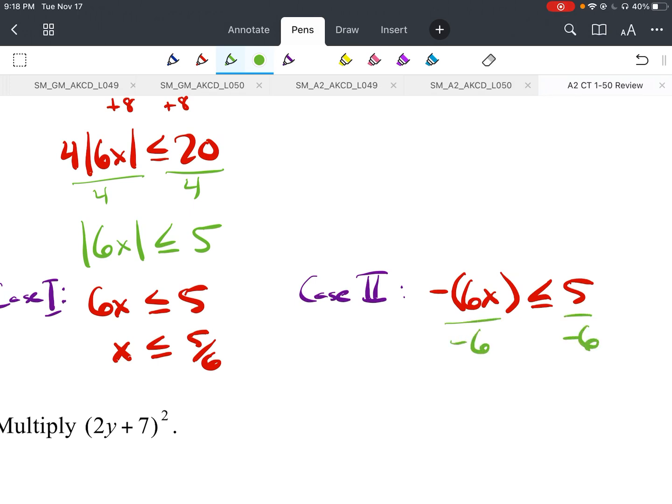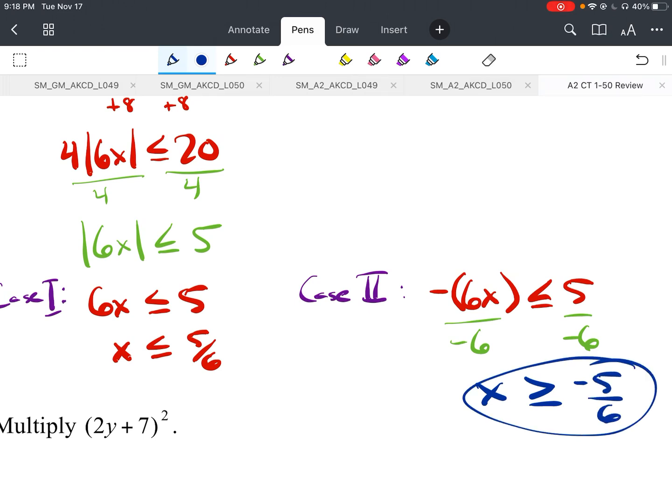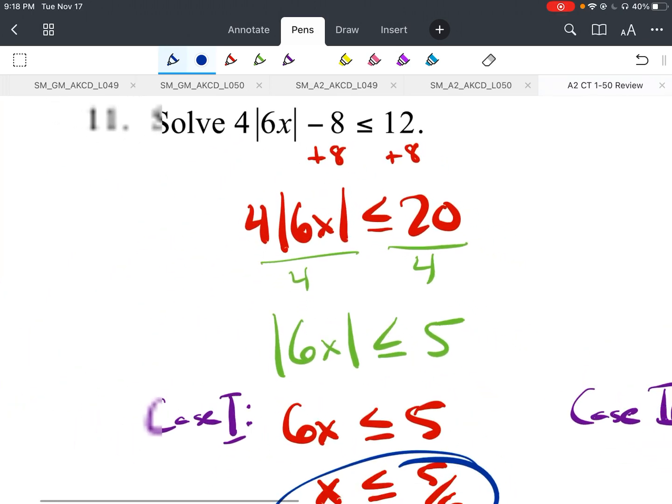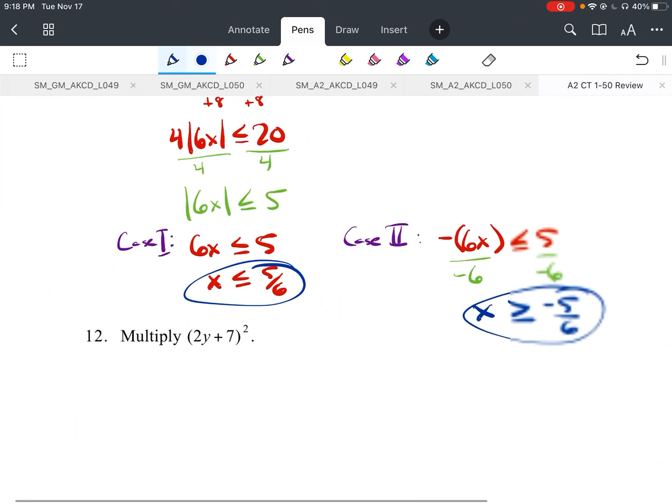But what happens when we divide by a negative? We get the Flipperoonie rule. So this is going to be changing to this way, and now this is negative 5/6. And so you get this and this. Okay, so just be real careful. I would isolate as much as you can. Try to isolate your absolute value first, and then set up each case that can happen there.